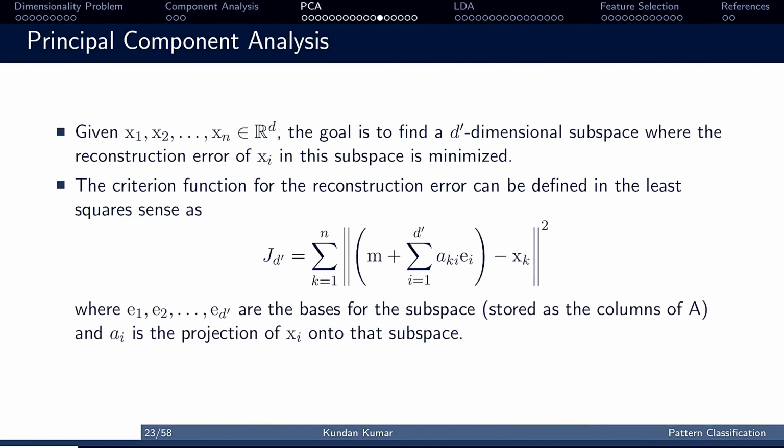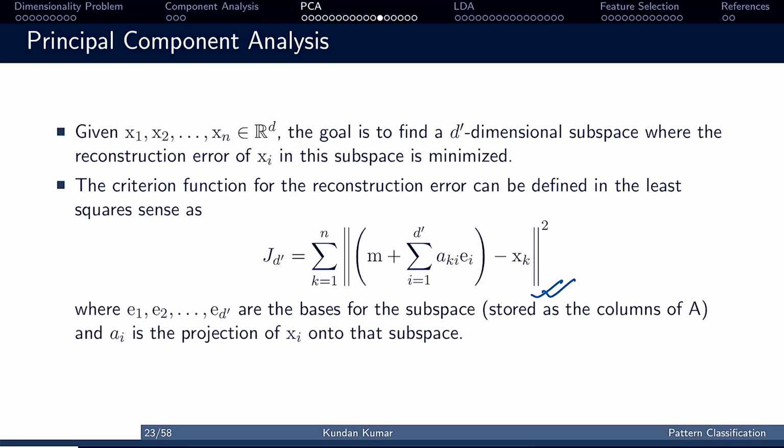We have also discussed the extension of the one-dimensional representation to the d'-dimensional representation of the feature vector, and we defined the criterion function something like this. Here e1, e2, up to ed' are the basis for the subspace, because they are the eigenvectors of the first d' highest eigenvalues of the scatter matrix, and the eigenvectors are orthonormal.